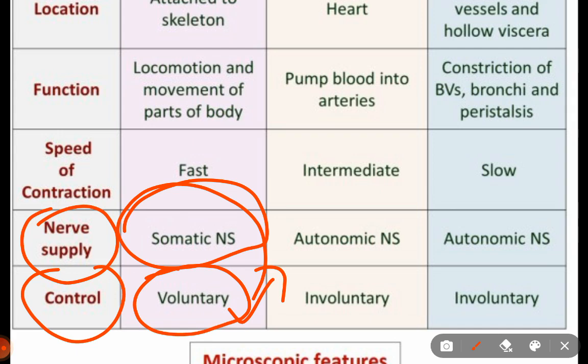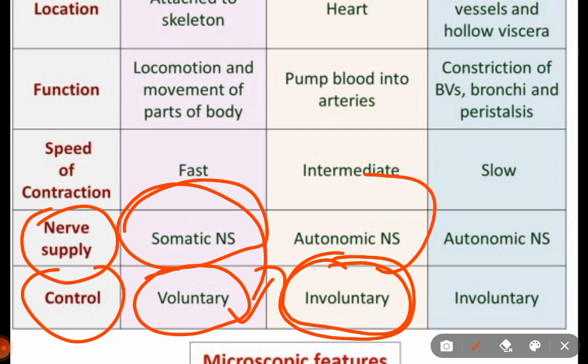Talking about cardiac muscles, they are involuntary movements, okay? You do not have control over them, or very little control over them. For example, your muscles in the heart, you can't stop your heartbeat, okay? It will beat regardless of whether you want it or not. So they are involuntary movements, and since they are involuntary, they are controlled by the autonomic nervous system.